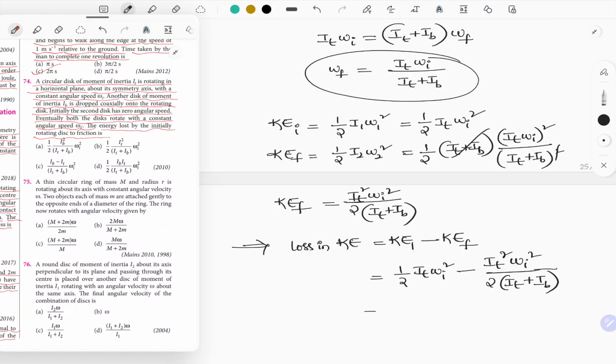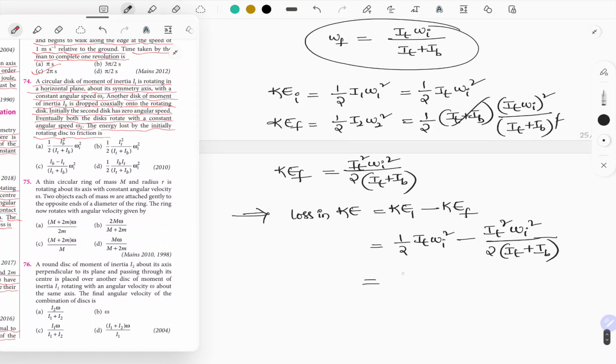Okay. So let's common it by 2. Now we are going to get it omega I square plus IB omega I square minus it omega I square by 2.